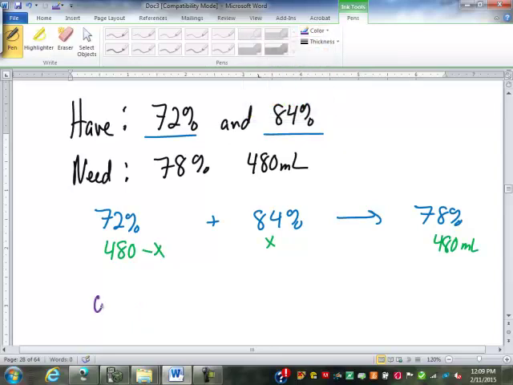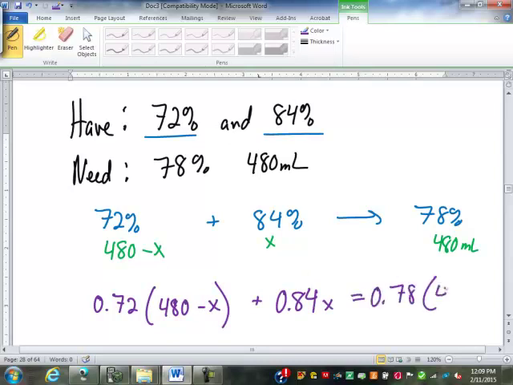So we're going to have 0.72 times 480 minus x plus 0.84x equals 0.78 times 480.